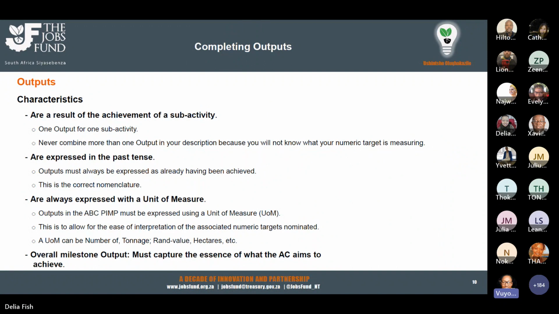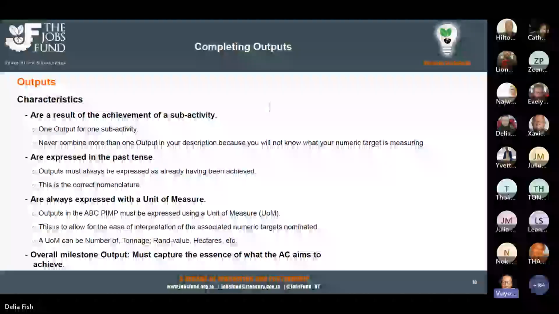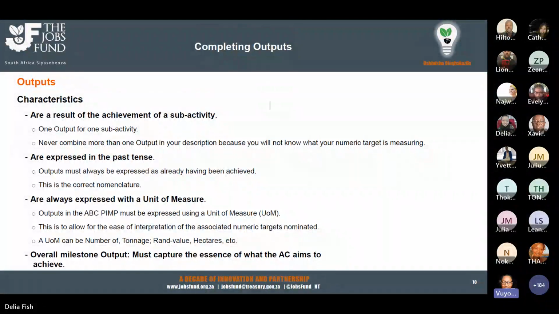So you cannot have an output that talks to a developed recruitment strategy as well as a developed selection criteria. Those are two outputs that will then begin to confuse in terms of how it is that you target for that particular output. So we talk about one output for one sub-activity, right?